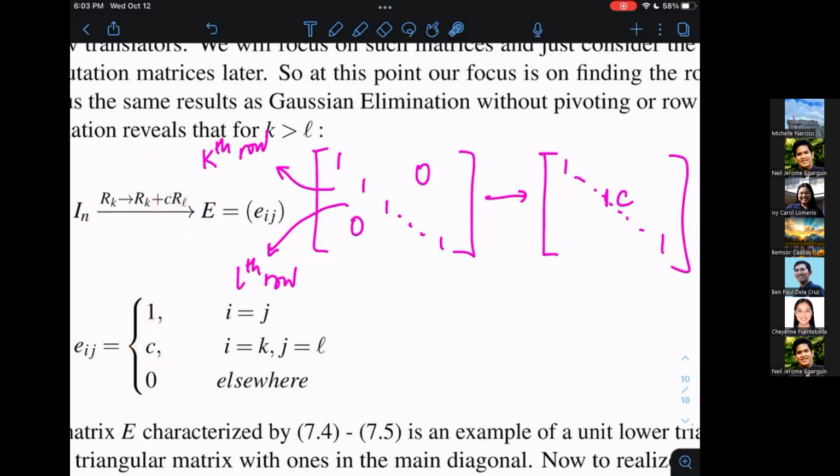Okay? So mas madali siyang i-visualize ngayon. Hindi ninyo kailangan pang ulit-ulitin yung elementary row operation kasi ito yung pattern. Alright? So, napapalitan lang yung entry sa kth row at lth column ng identity matrix by the scalar multiplier doon sa row translator. Okay?